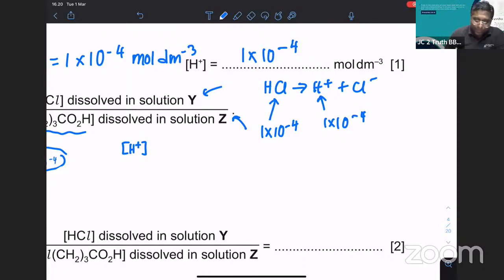If you have Ka, the formula is Ka equals the concentration of H plus to the power of 2, divided by HA, which is the weak acid. Why we have all these formulas, you can refer to my lectures, on how we derive this formula.